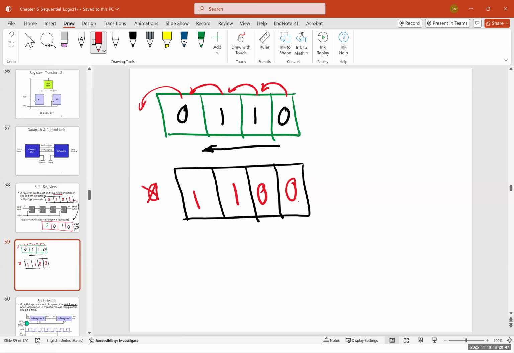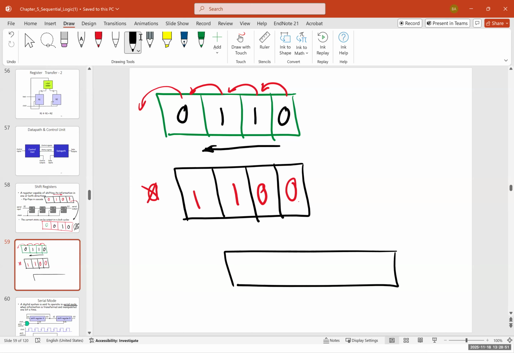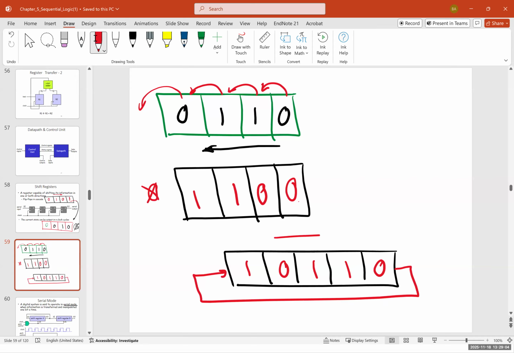Or left shift register. We have another type of register as well. Imagine this is a 5-bit register. It's 1, 0, 1, 1, 0. This one is also a shift to the left, but it has a closed loop. Whatever falls off from the most right bit is replaced to the most left one, okay?